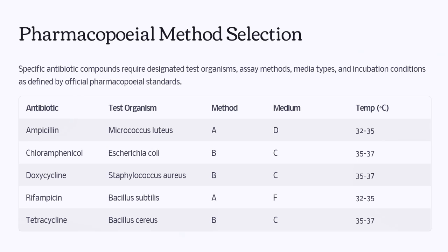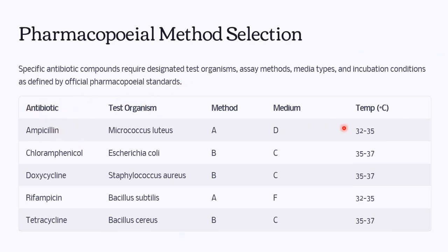We discussed that these are based on the pharmacopoeia standards. Specific antibiotic compounds require designated test organism, assay method, media types and incubation conditions as defined by official pharmacopoeia standards for the determination of their quantity and quality.